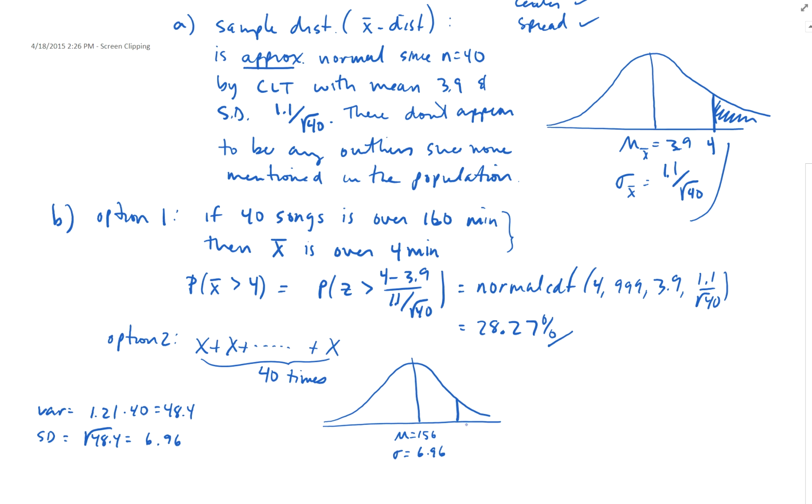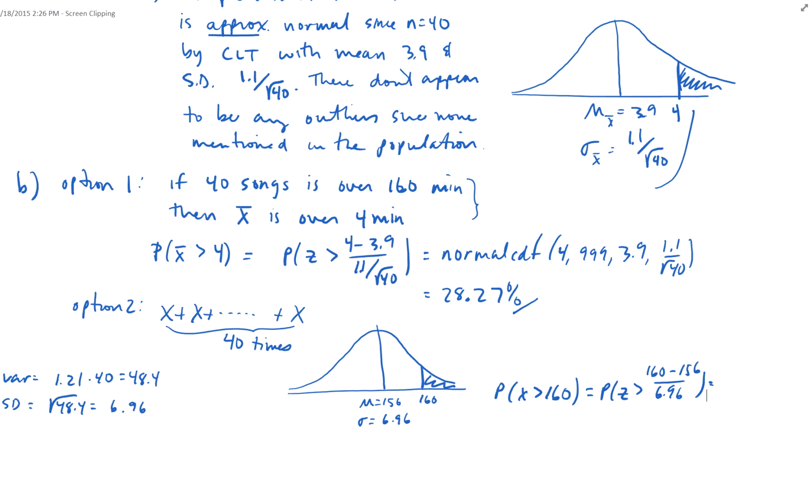And I want to know what's the probability that x is over 160. And let's see if we get the same answer. That z is greater than 160 minus 156 over 6.96.